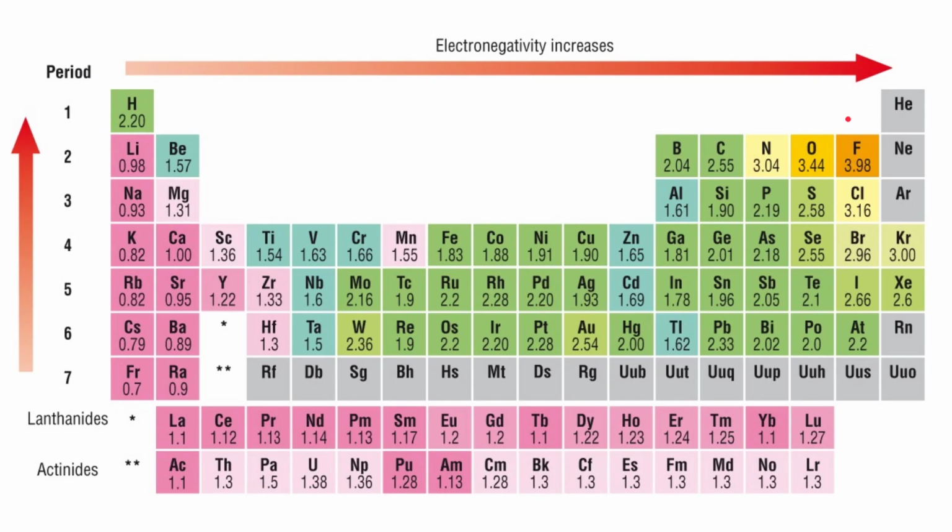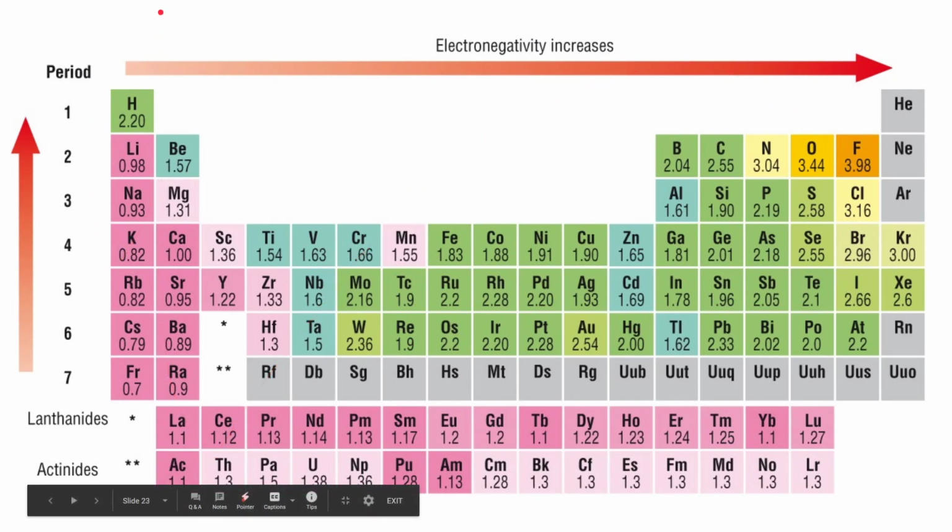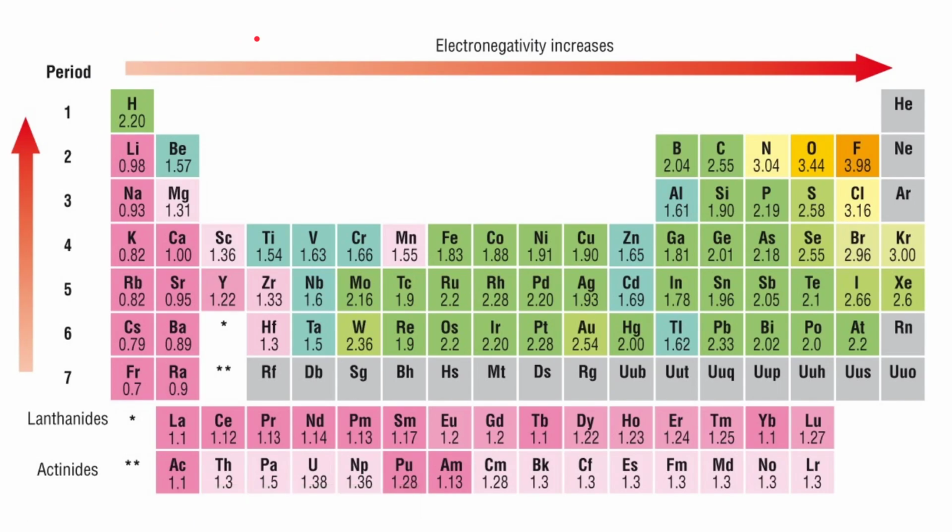So why does it increase going up? It increases going up because electronegativity depends on three things. Protons in the nucleus, how many protons there are. It also depends on how many electron shells you have to shield the electrons, because covalent bonding is with the valence shell of electrons, which is the furthest out shell.